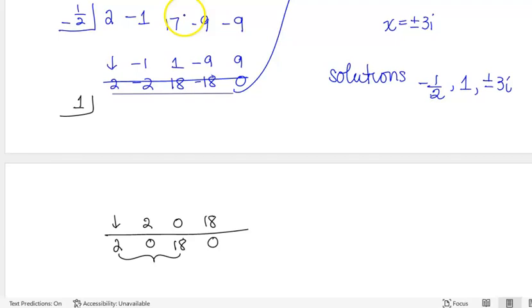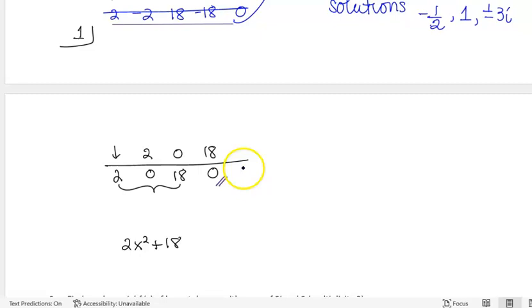Repeating, we bring this 2 down, right? Then 2 multiplied by 1 gives me 2, plus this -2 gives me 0. So at the end, we get 0 as a remainder. That tells me 1 is a solution.